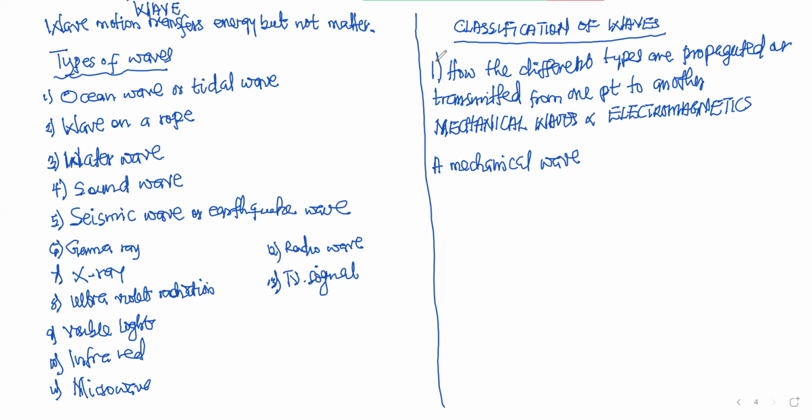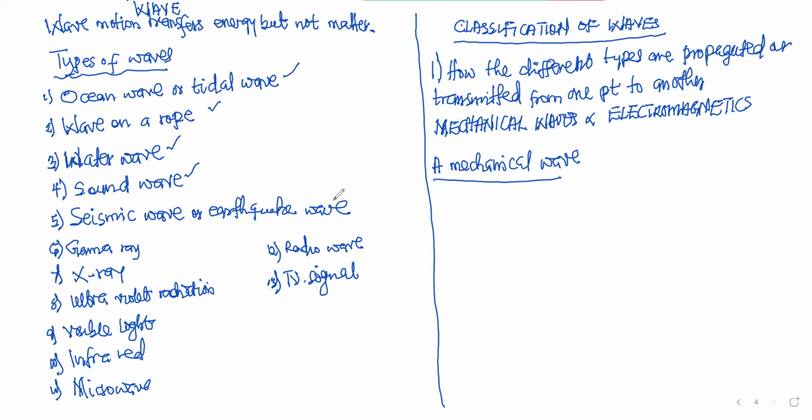So under this classification, we can talk about ocean wave, wave on a rope. If there's no rope, there wouldn't be a wave on a rope. If there's no water, no water wave. If there's no air, no sound wave.